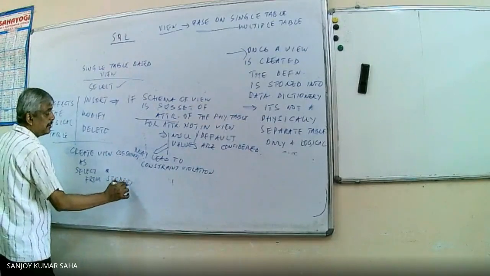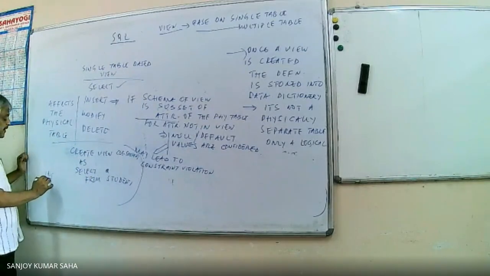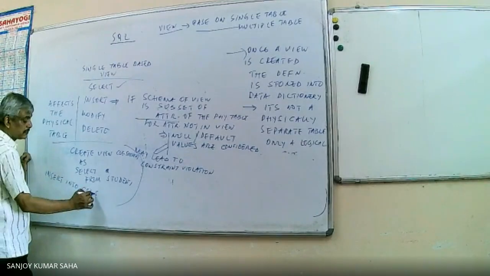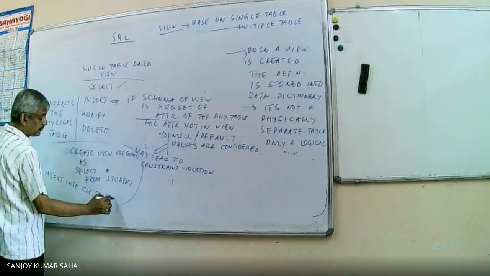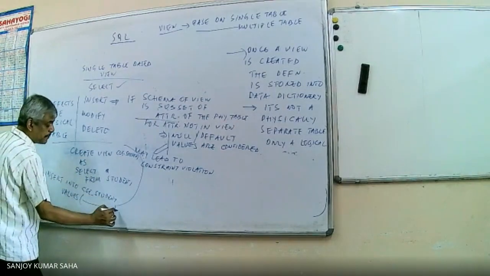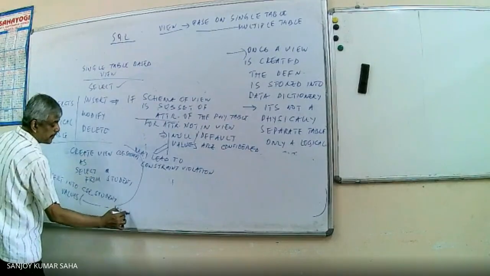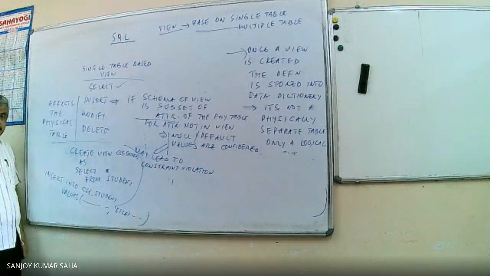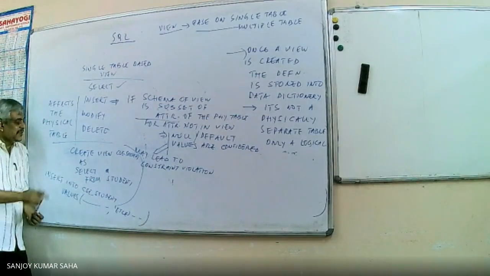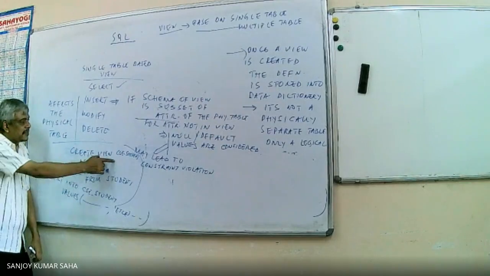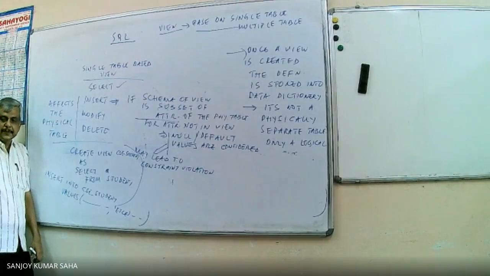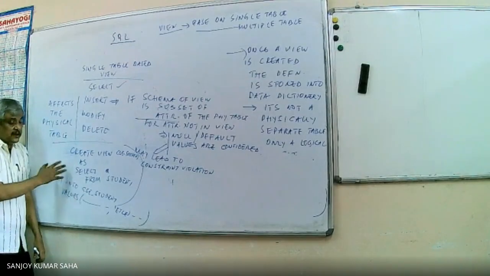Now suppose I am going for insert into CSE student values, giving the department code, if I write a department code other than CSE, still it will be added. Now see, inserting into the CSE student with another department code, that may not be accepted. But this will be done.